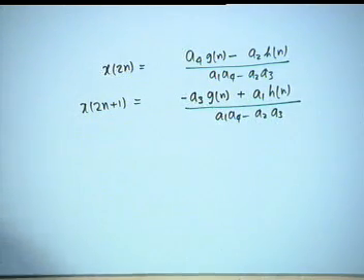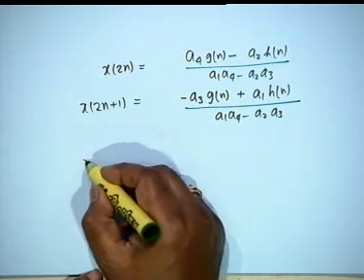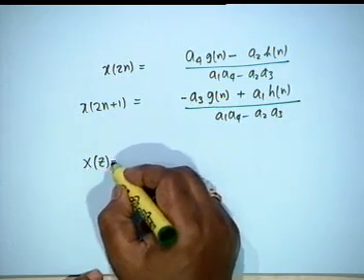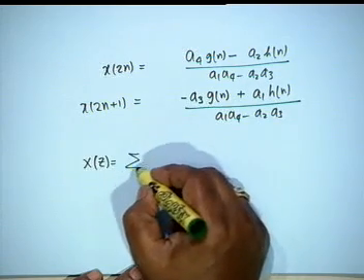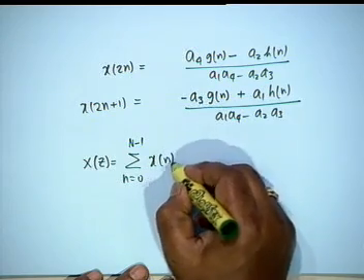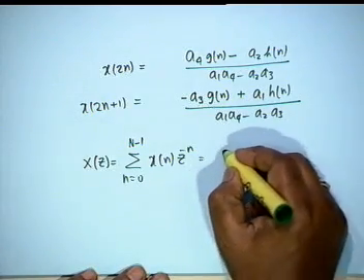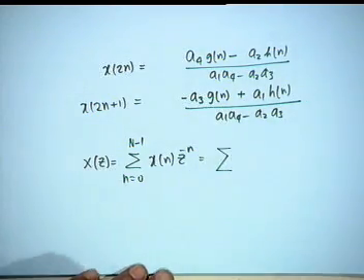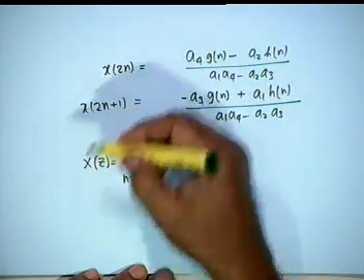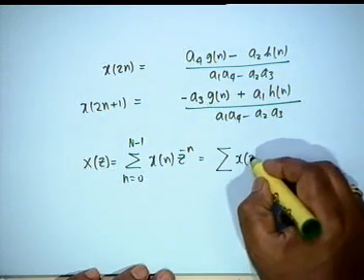I have derived the 2 sequences in terms of g and h. I have inverted these relationships. Therefore, X of Z is equal to summation n equal to 0 to capital N minus 1 x of n Z to the minus n, which I can write as, since I have derived 2 sequences, even numbered and odd numbered, I do them separately.